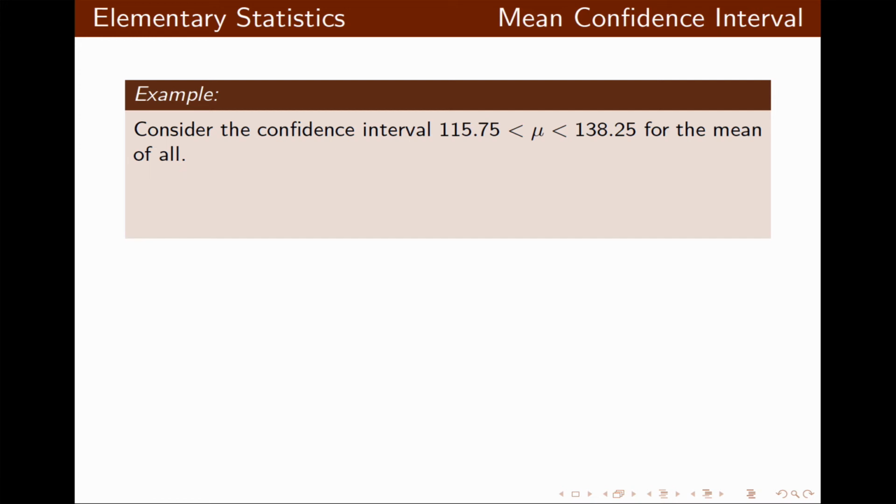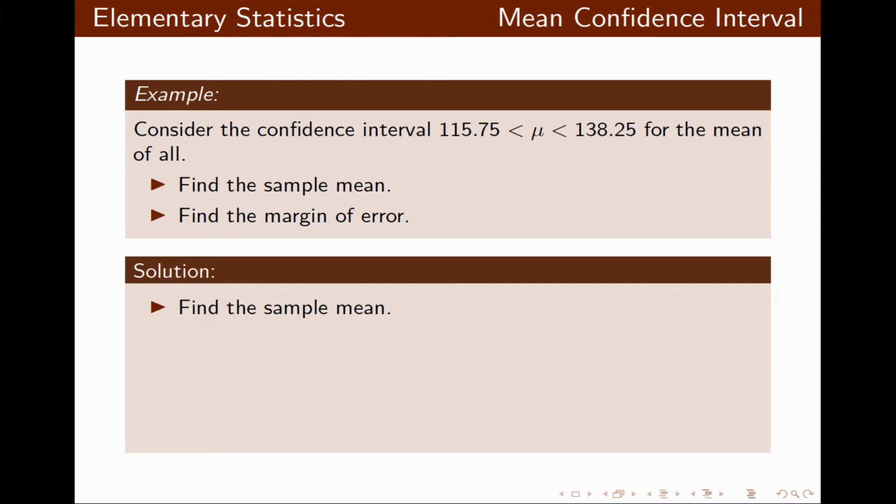In this example, we're given the confidence interval for the population mean. We want to find the sample mean, and we want to find the margin of error. For the sample mean, we take the upper plus the lower divided by 2.